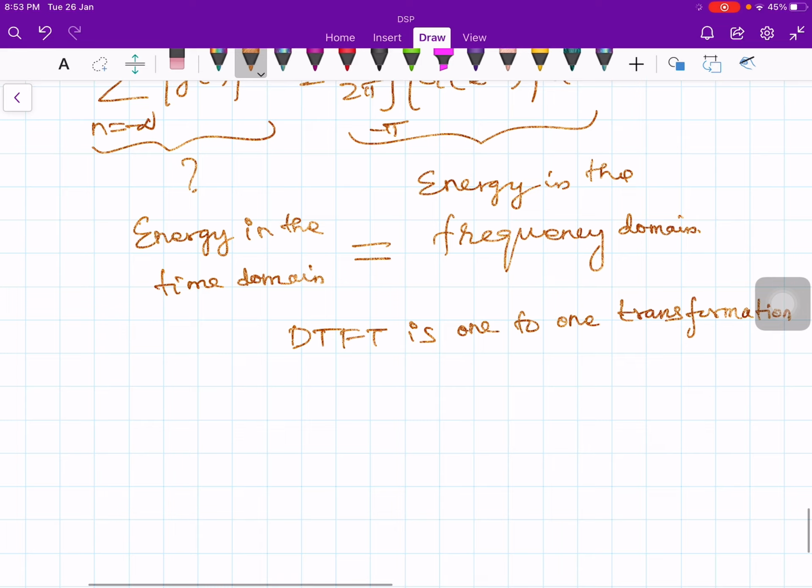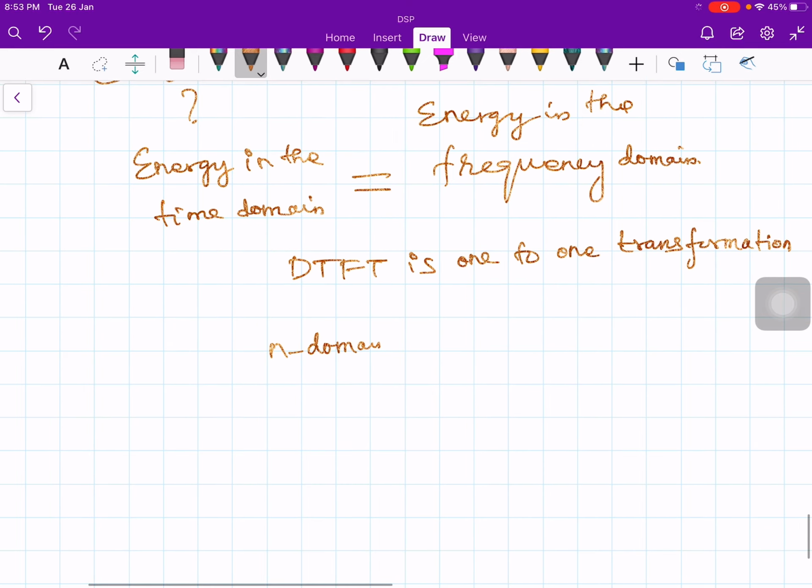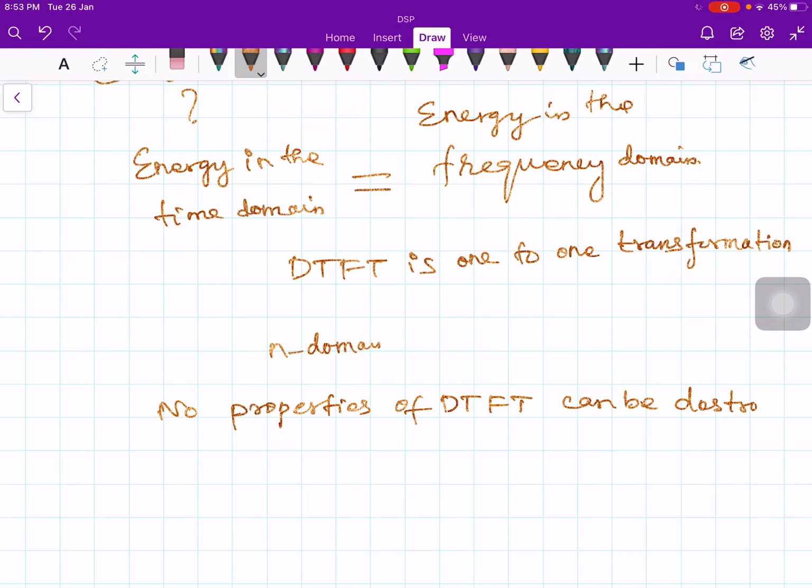Okay, let me write down, this is a very important property. No properties of DTFT can be destroyed by taking from the n domain.